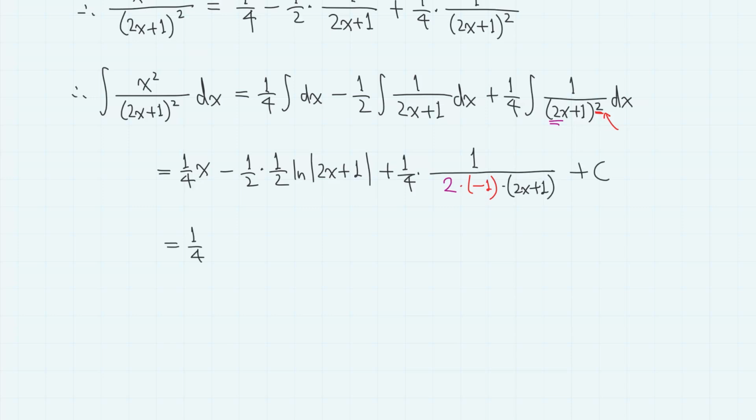So we have 1 over 4x minus 1 over 4 times ln absolute value of 2x plus 1 minus 1 over 8 (2x plus 1) plus c.